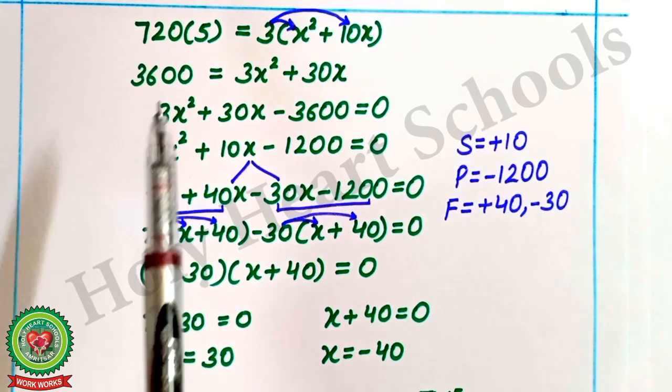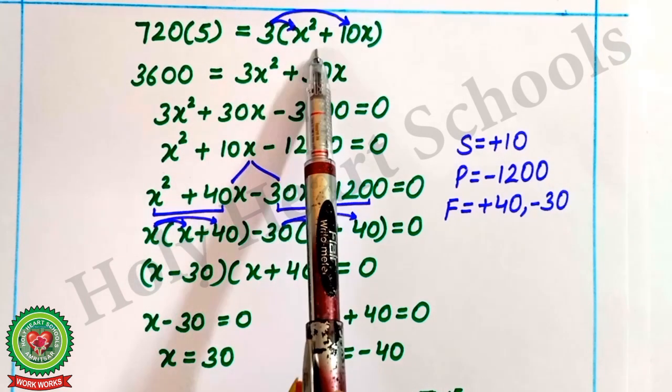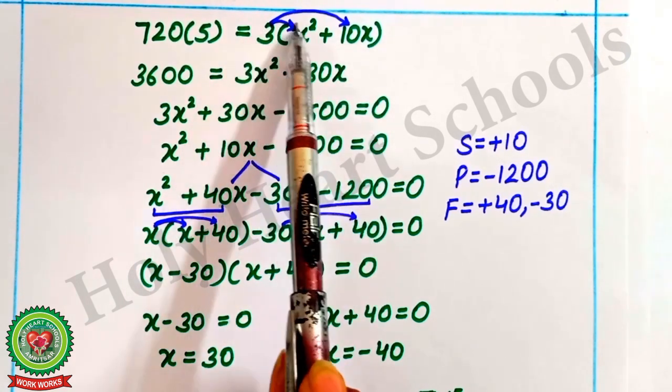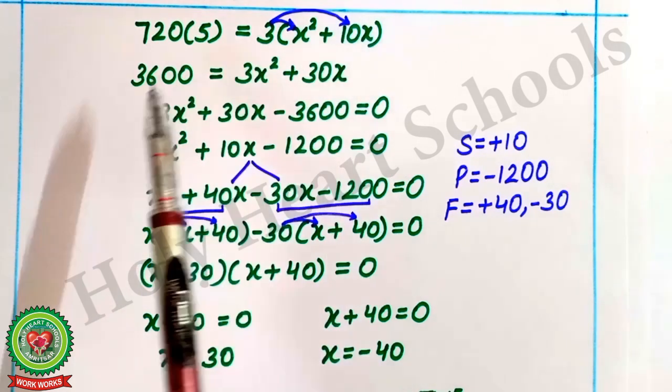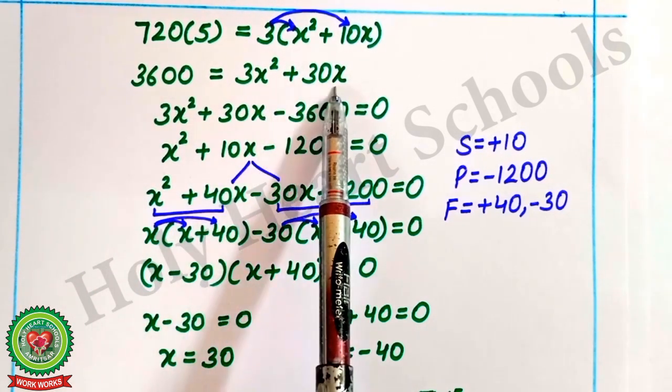In the next step, 720 into 5 equals 3 into x square plus 10x. Now the arrow method again: 3600 equals 3x square plus 30x.